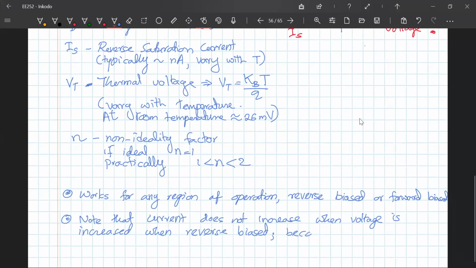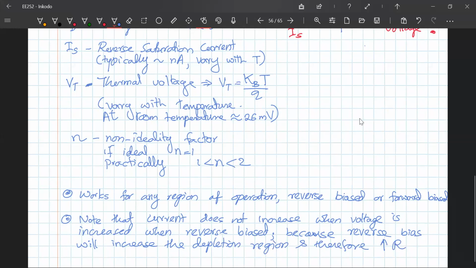The reason for this is that reverse bias will increase the depletion region, and therefore it will increase the resistance.